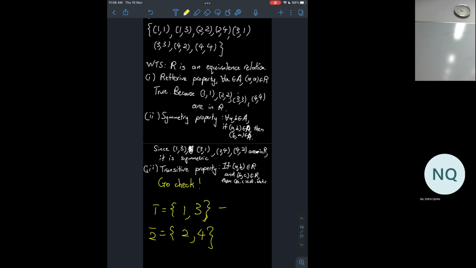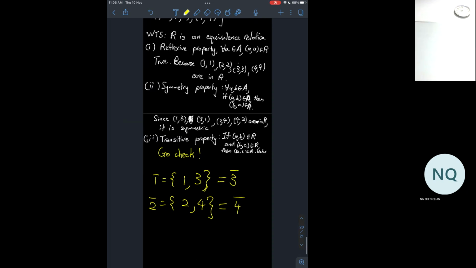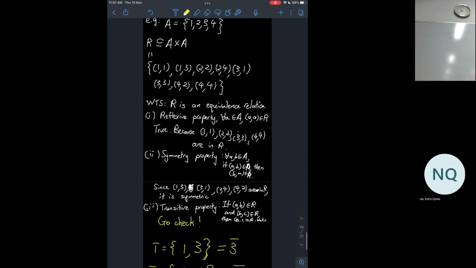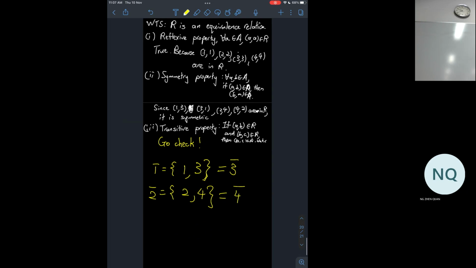So what's the equivalence class of 3? Same as the equivalence class of 1. And then 4. So there are two equivalence classes of A. A is {1, 2, 3, 4}, right?